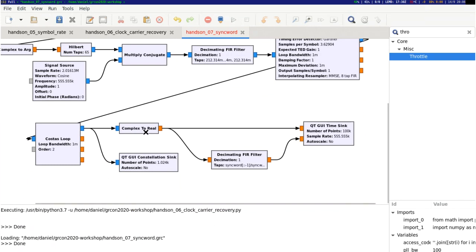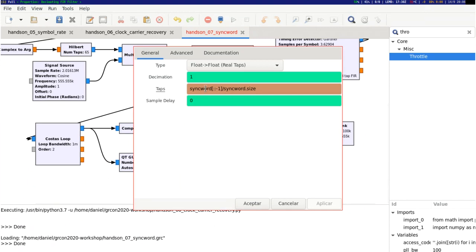Then we have the symbols here. We are correlating, and correlating is the same as doing a matched filter against the sync word, but we have this funny looking colon -1. In Python, this means revert the order of the sequence. So just turn it around.